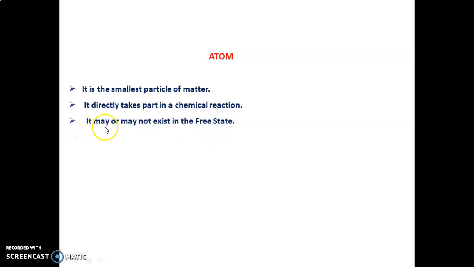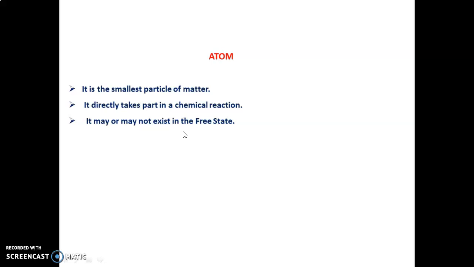The third point is that it may or may not exist in the free state. We know the periodic table, which we will study in detail in coming modules. There are 18 groups in the periodic table: 18 vertical columns and 7 horizontal rows.